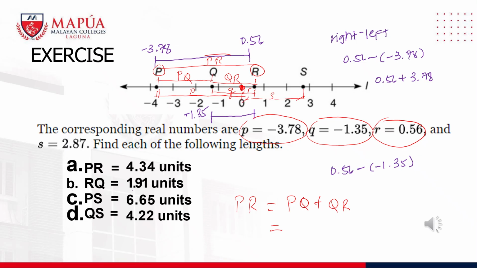So when you calculate PR, using the big letters, we have PQ plus QR. That is distance PR.